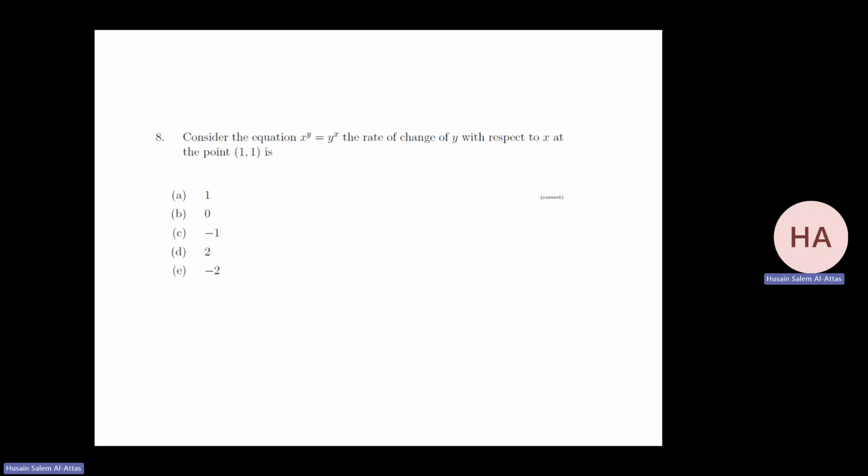Consider the equation. The rate of change of y with respect to x at this point, what they want: y prime at 1 equals what? So I have y ln x equals x ln y. Differentiate with respect to x.